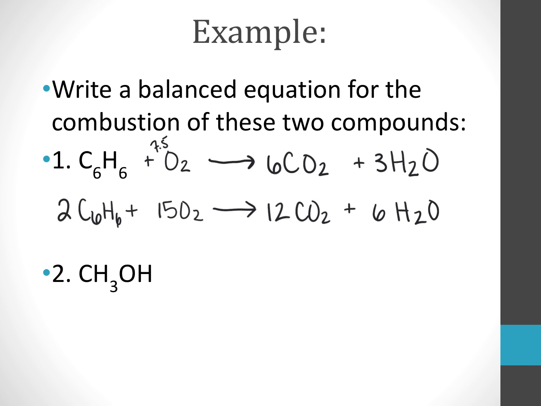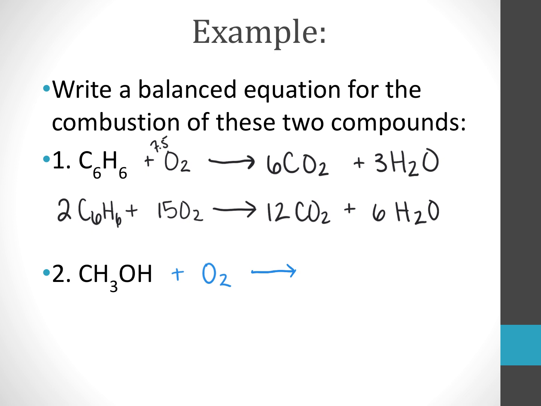Okay, here's our second example. We're going to take CH3OH and combust it. Again, combusting it implies that you're going to react it with oxygen. This time it's methanol, CH3OH. Even though I added the OH, it's still a hydrocarbon.